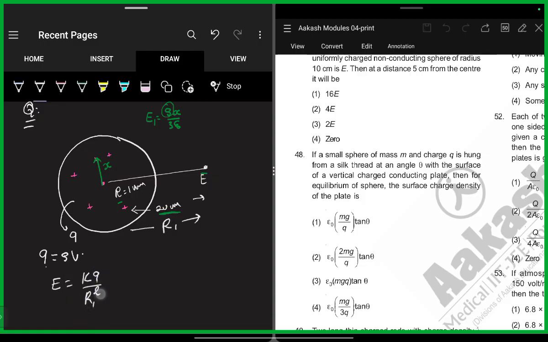Here Q is rho V divided by R1 square, that means 20 square, that is 400.